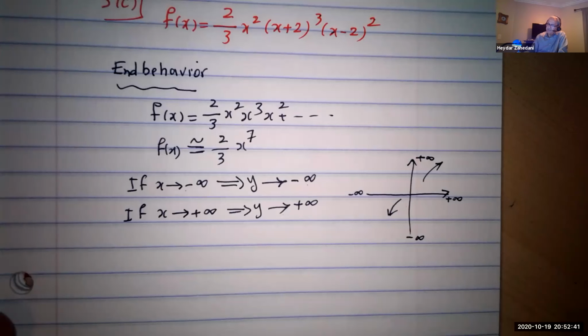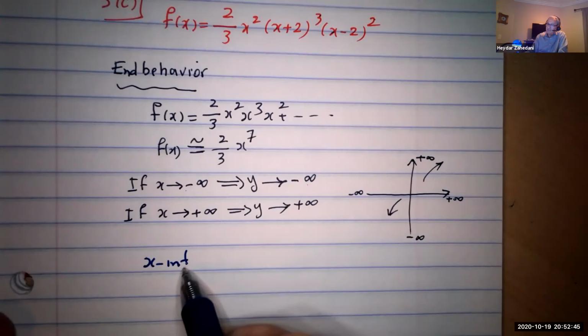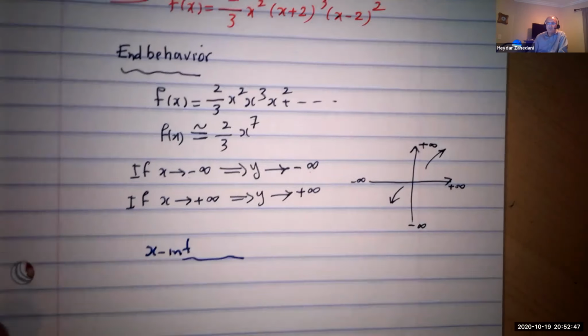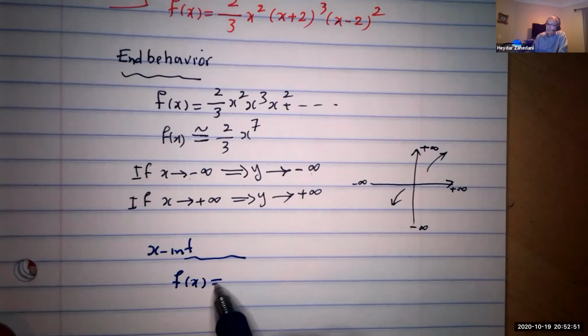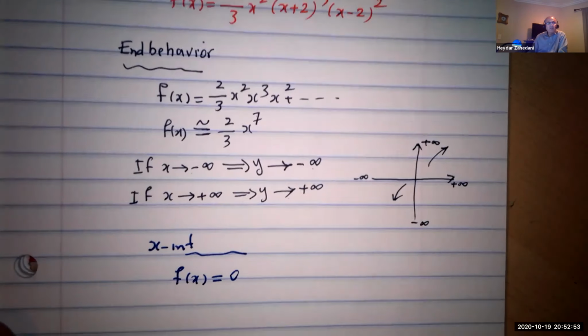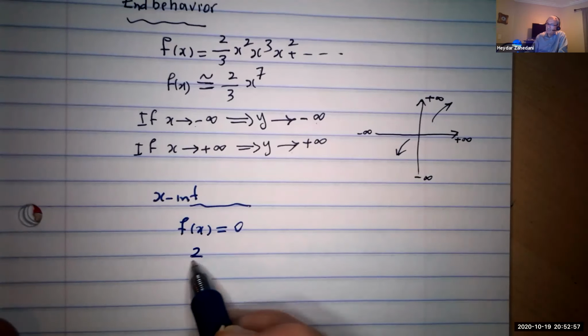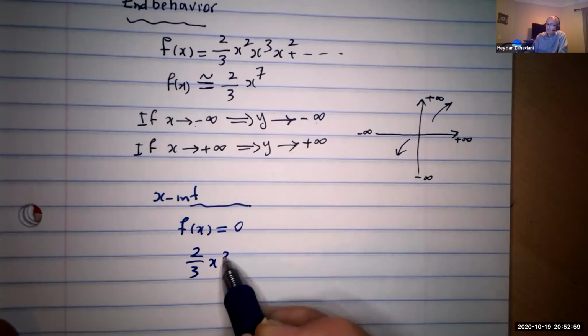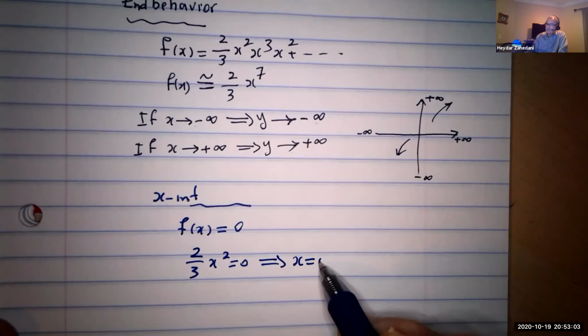X intercepts. You let each factor equal 0 and identify as touching or crossing. The first factor is 2/3 x squared equals 0, that gives x equals 0.